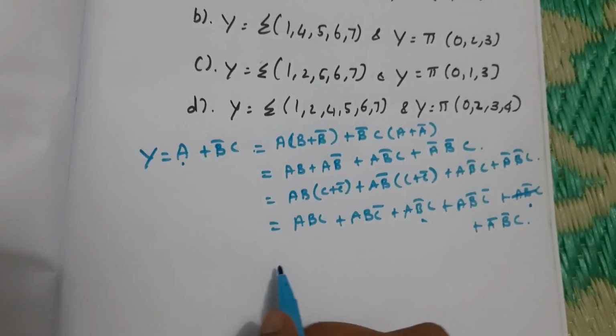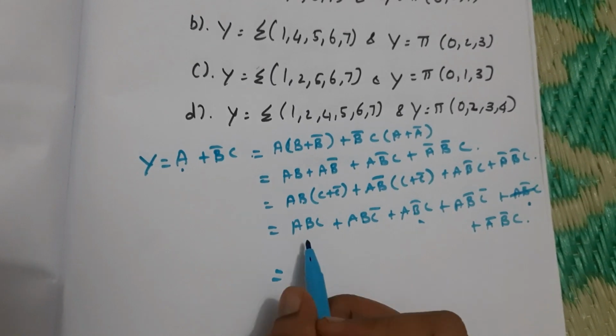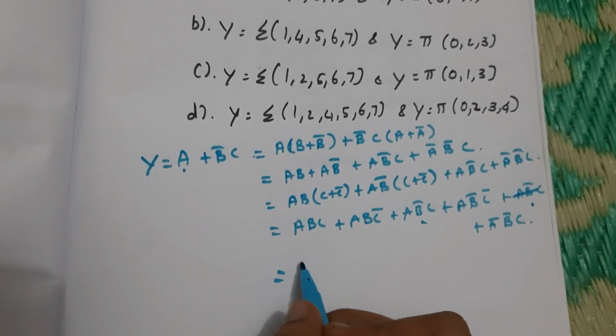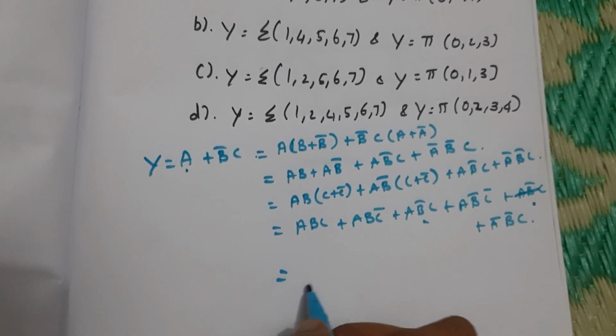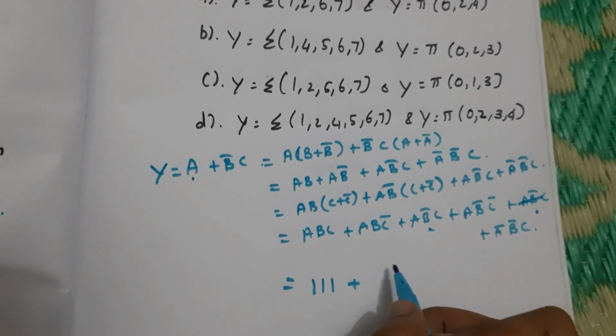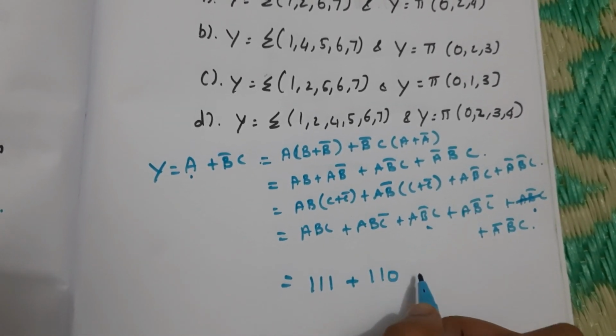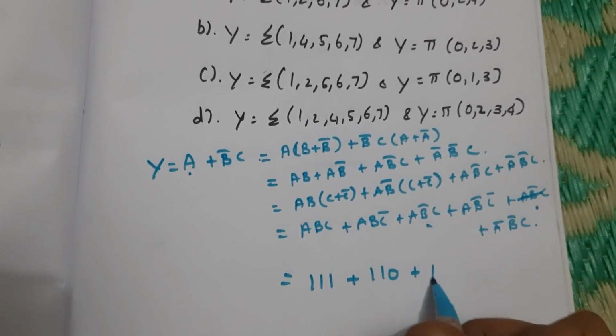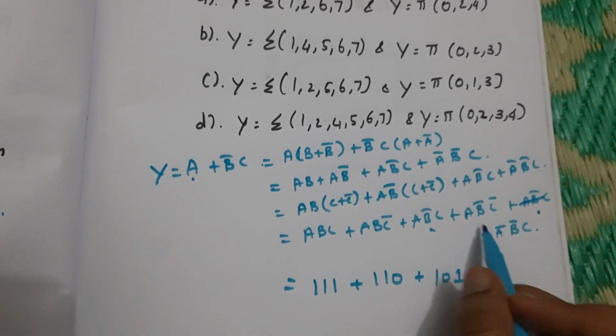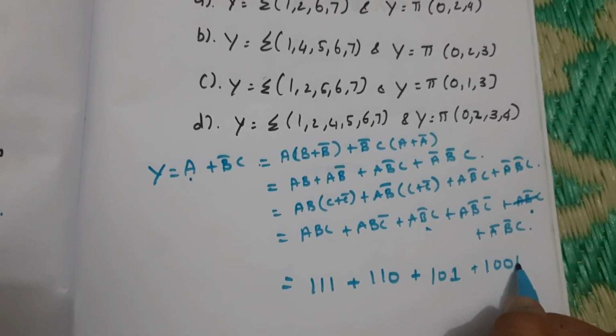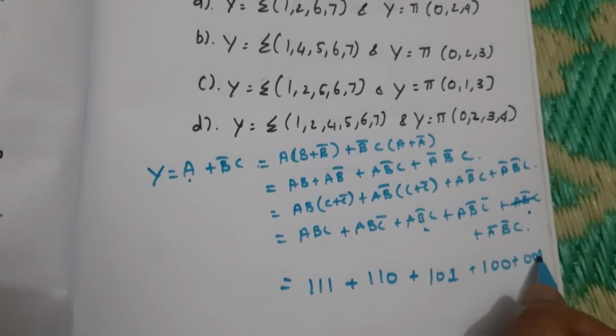So now put all the binary equivalent values. So A B C means 1 1 1 plus this is 1 1 0 plus this is 1 0 1 plus this is 1 0 0 plus this is 0 0 1.